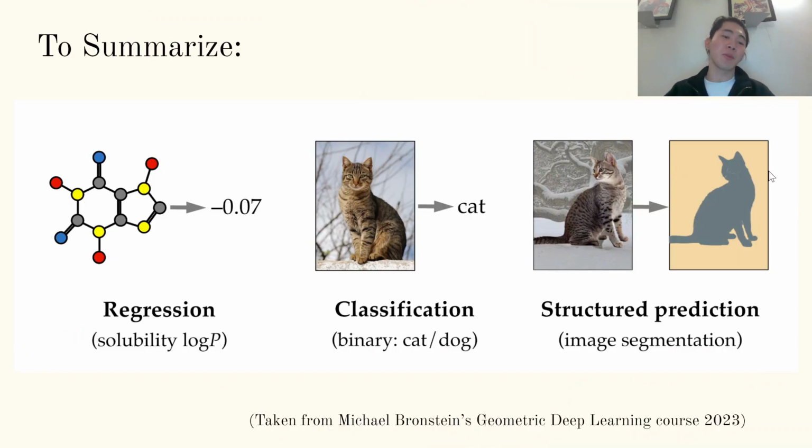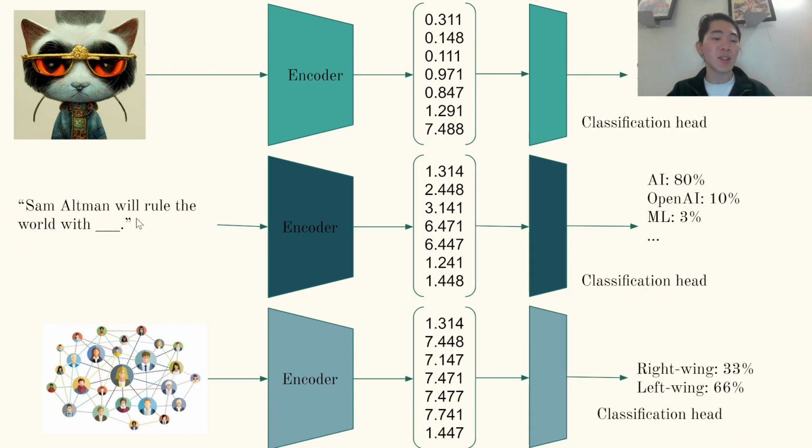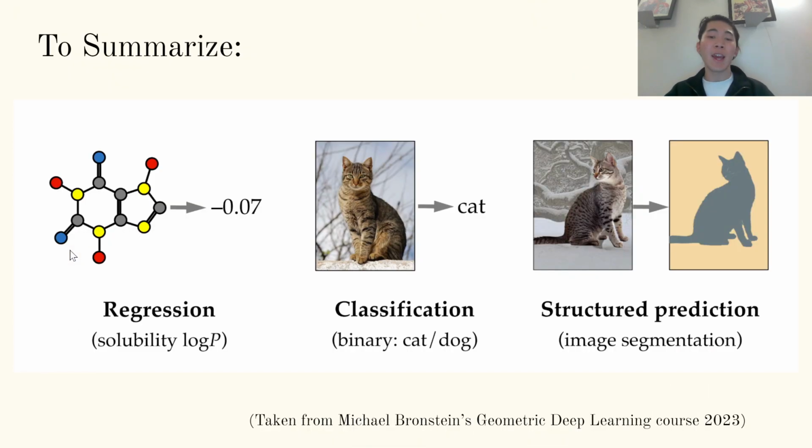So to summarize, we covered regression, classification, and structured prediction, which are very cool tasks, and there's a lot that you can do with all of this stuff, since you can take any piece of data, whether it be images, graphs, or text, and encode it into something, and depending on what you attach to the encoder, you can predict various different things.